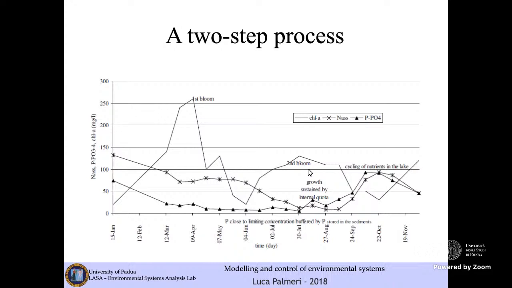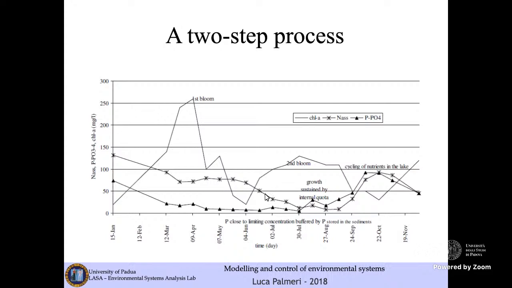They tend to store a significant quota of nutrients in the internal part of the cell, so that when the algae stop absorbing nutrients from the surrounding environment, because nutrients are becoming progressively scarce, they may start employing the luxury uptake quota. In this case, we say that growth is sustained by internal quotas.